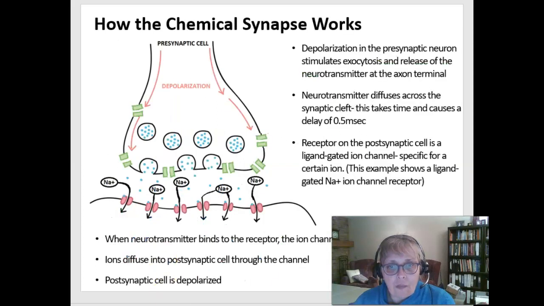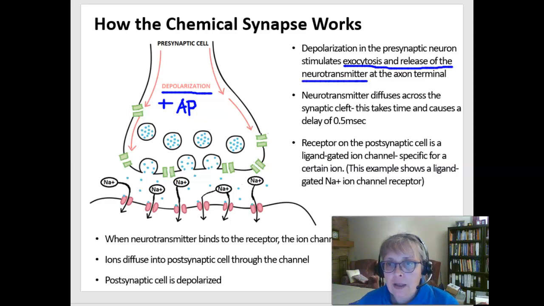The way the synapse works is that the presynaptic neuron is depolarized because an action potential reached the end of the neuron. So this depolarization will ultimately stimulate exocytosis and release of the neurotransmitter, as we mentioned.